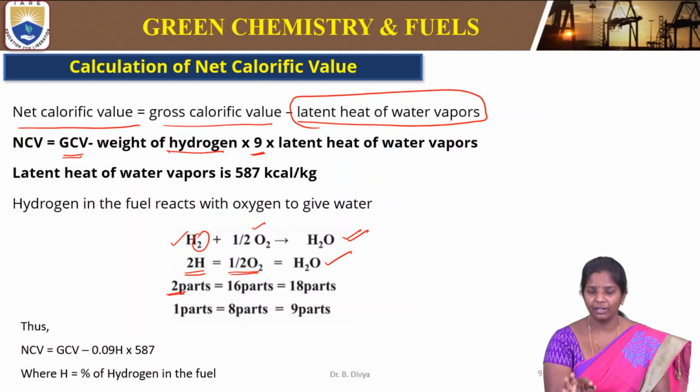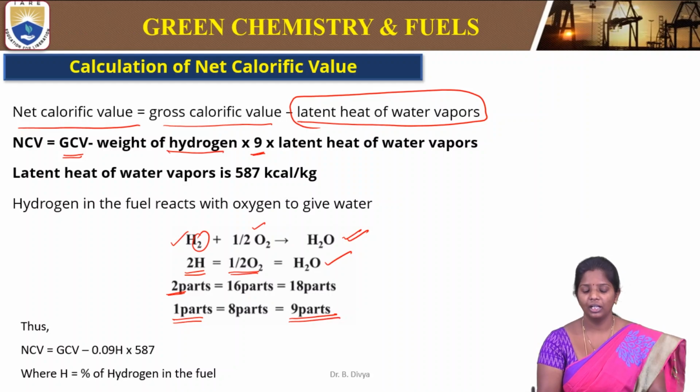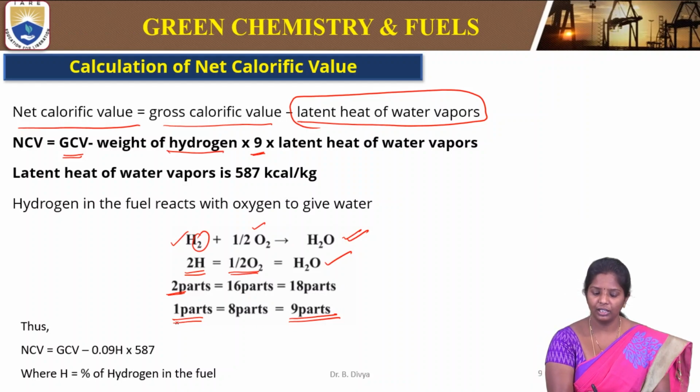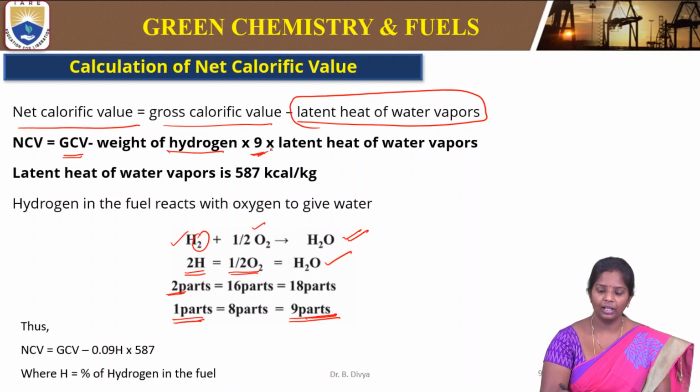When we consider only one part of hydrogen, it is equal to 9 parts of water. So that is why we are taking 9 into the latent heat of water vapor.